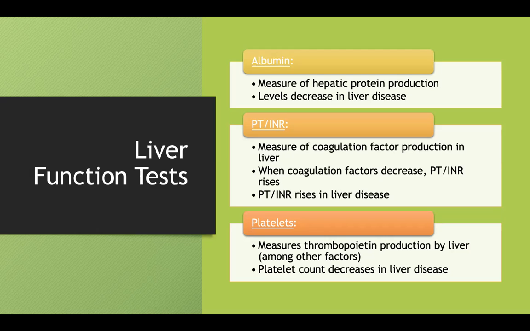So that's another reason for thrombocytopenia. Don't take this as the only reason, but I just want you to know that albumin, PT-INR, and platelets are all lab tests that are useful for you to determine whether your liver is working well or whether it might be a little dysfunctional.